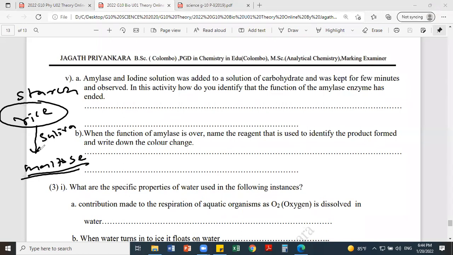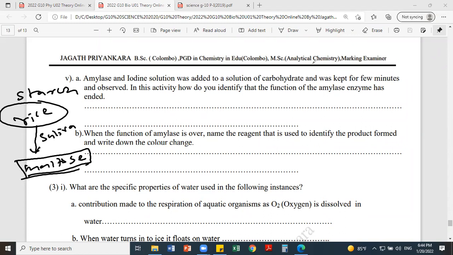So if you keep the rice in your mouth for a longer time, what happens? Then the entire rice starch becomes maltose. That's why you get the sweet taste, right? Carbohydrate like lactose in milk tea has no sweet taste, right? That's why you add sugar, sucrose.